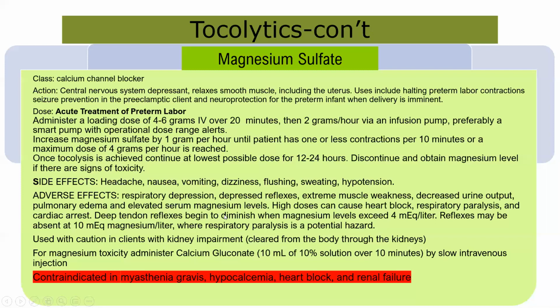The signs of magnesium toxicity are when they no longer can take a deep breath, or they have complete respiratory failure, respiratory arrest, or they have a heart block. So we need to be watching their blood pressure very closely.